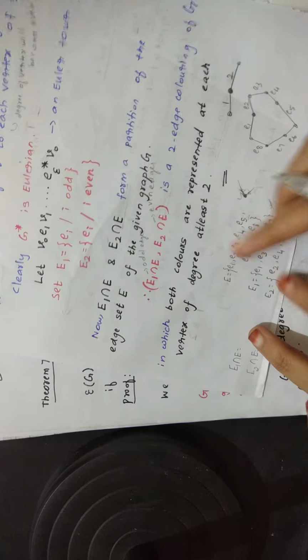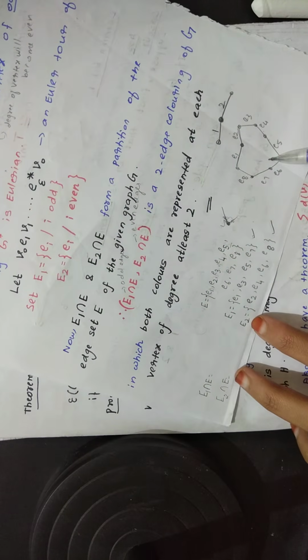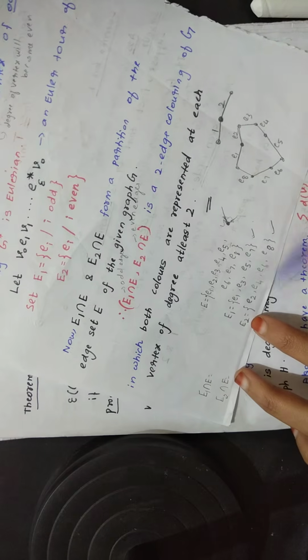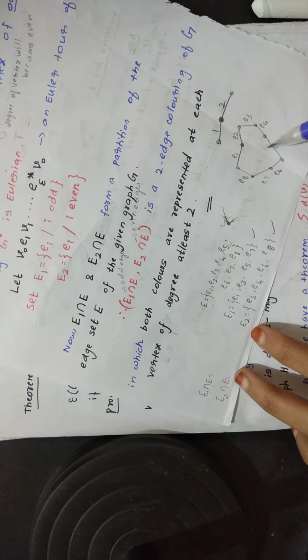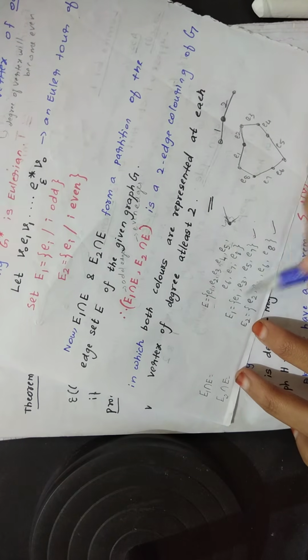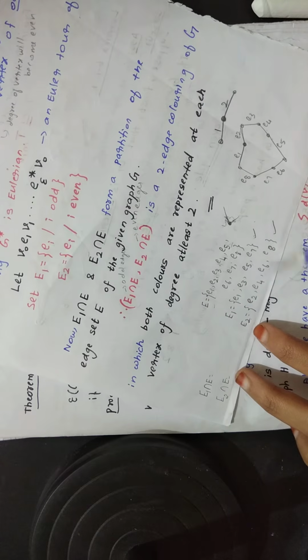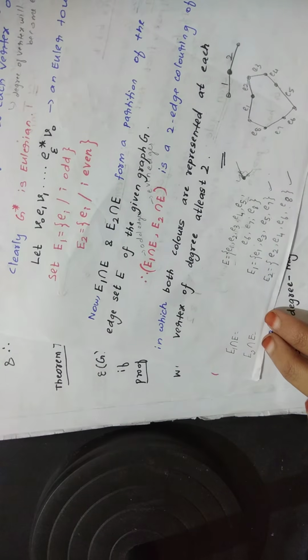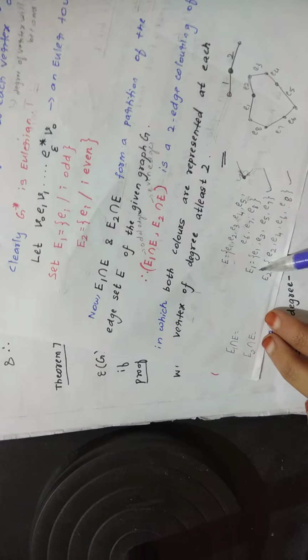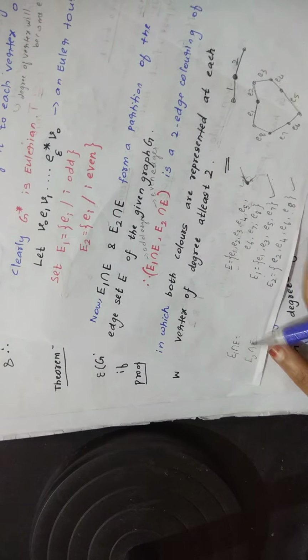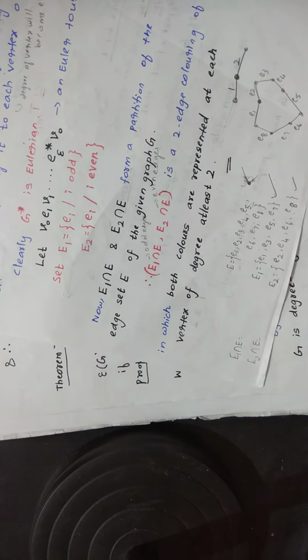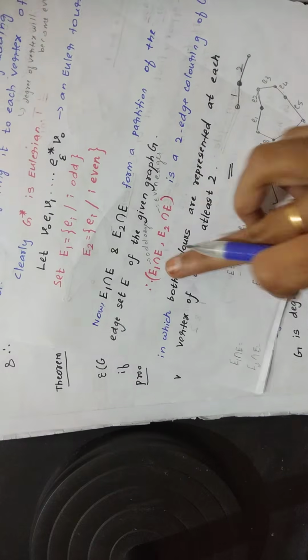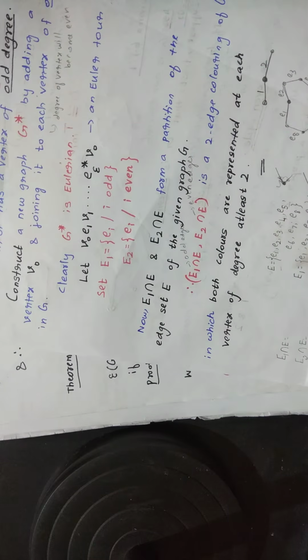Look at this: if this is our graph, this is the edge set of this graph, and this is E1, that is, odd edges are like this, and this is even edges. When I find E1 intersection E, what do I get? This. E1 is my E1 intersection E, and E2 is my E2 intersection E. So it is the same thing, written in a different manner.